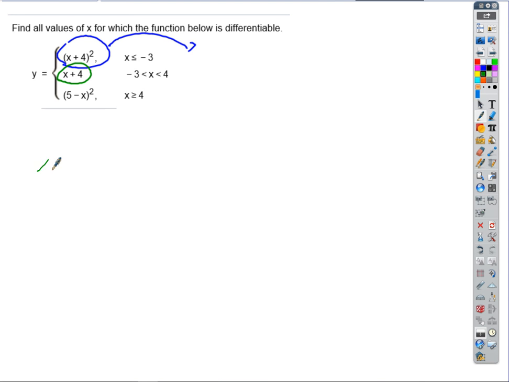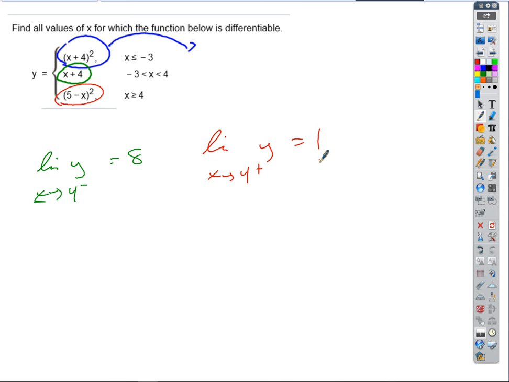What's the limit of y as x approaches 4 from the left? What's that give us? 8. We're on the green piece of the function, so we'll evaluate the limit directly. 4 plus 4 is 8. Okay, so down here we'll make this the red piece. What's the limit of y as x approaches 4 from the right? 1. Well, that's an easy one then.